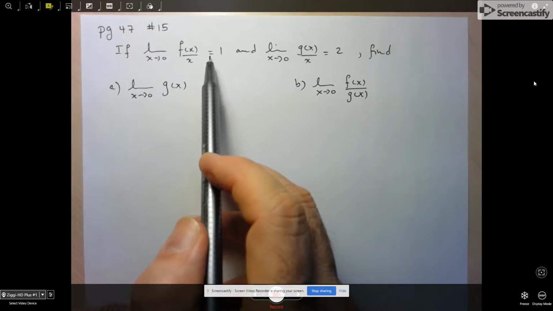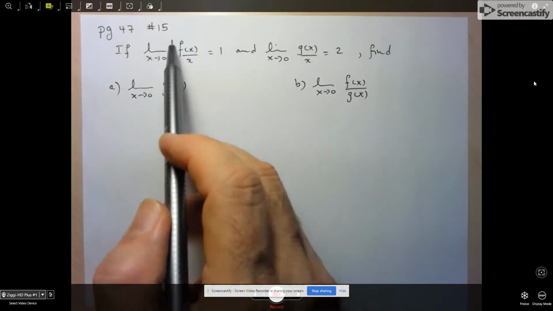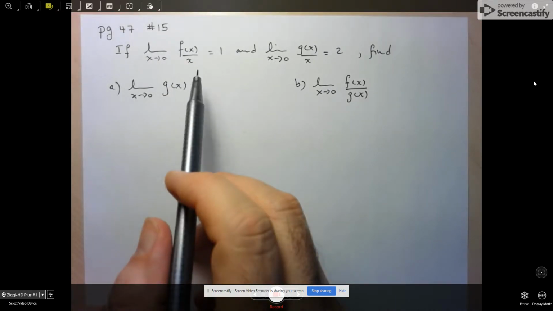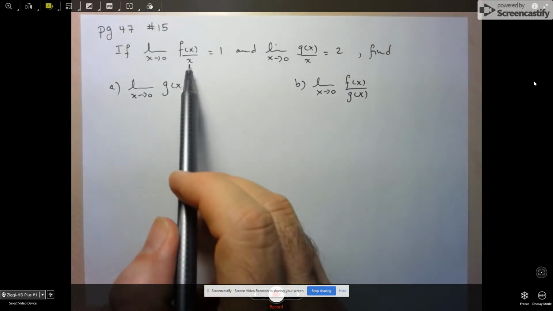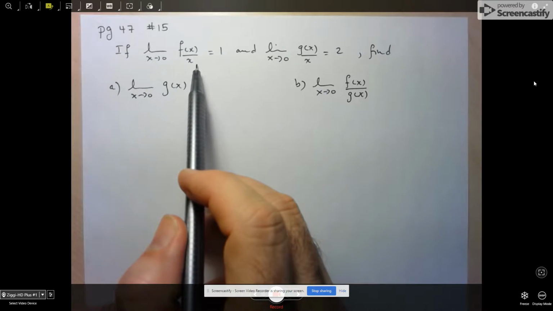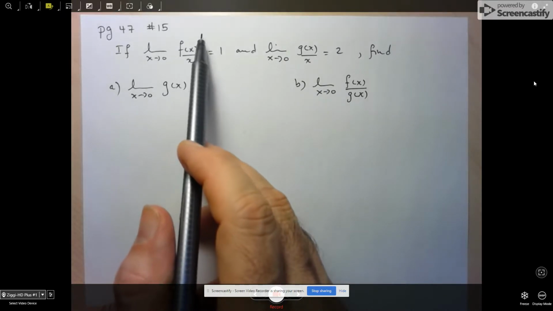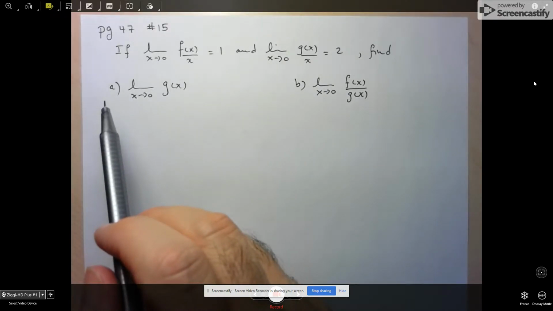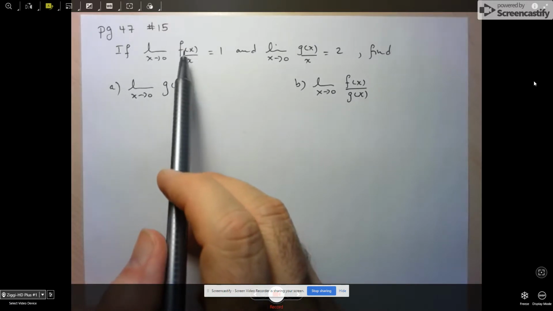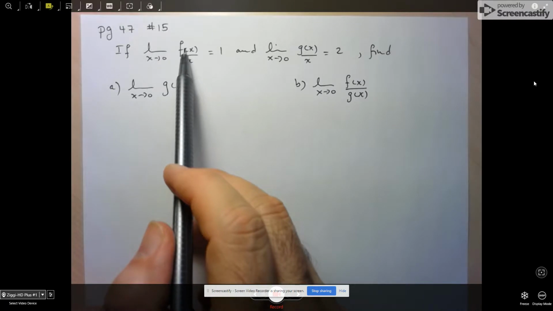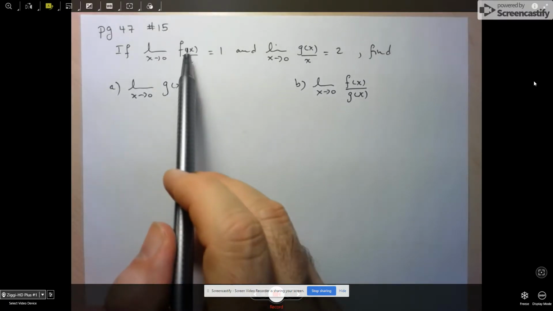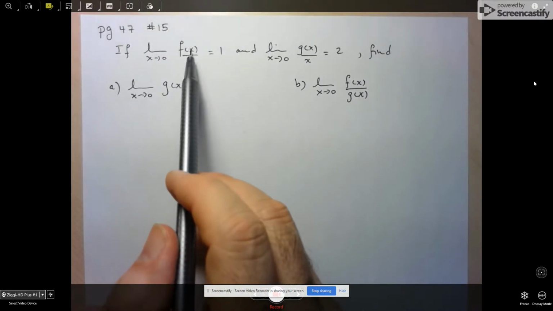So essentially what they're telling us is that this limit exists. And what we found is that the only way for a limit to exist where the denominator is approaching 0 is if the numerator is also approaching 0. So essentially what we can say is that the limit of f of x as x approaches 0 has to also be equal to 0. It's the only way for the limit of this quotient to exist.